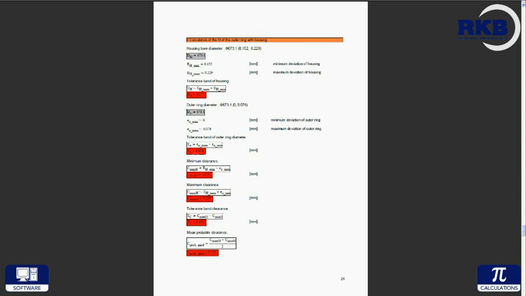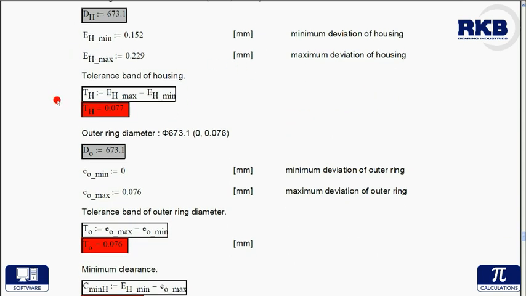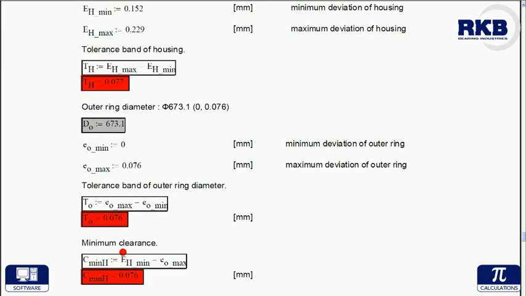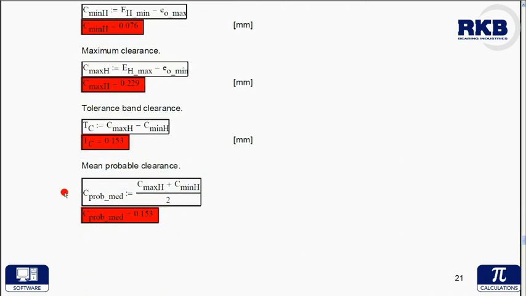Generally, bearings can only perform to their full capacity when they are correctly fitted on the shaft and housing. Insufficient interference on fitting surfaces could cause permanent damage in mating parts. For this reason, the RRLC software calculates the tolerance band of housing and outer ring, the minimum and maximum clearance of the mating parts, and the tolerance band of the clearance, and the mean probable clearance.